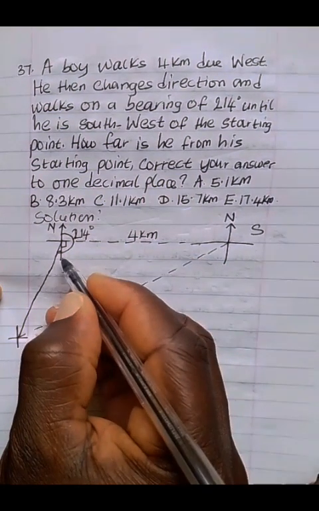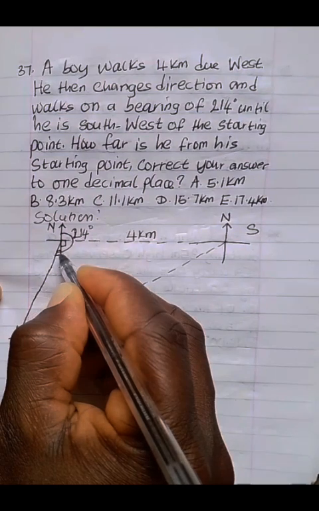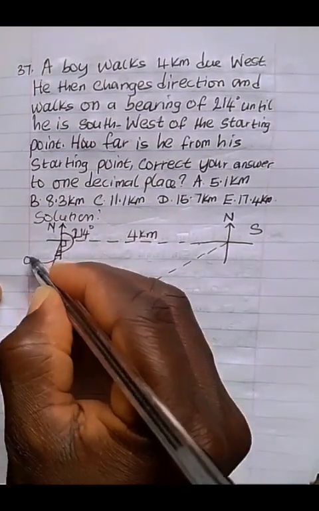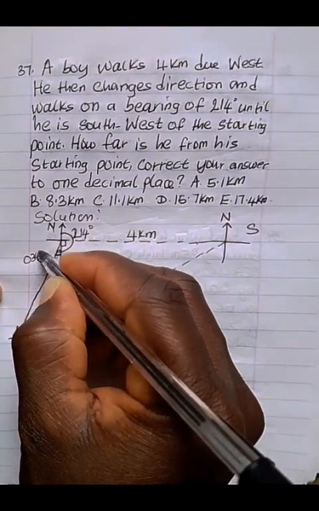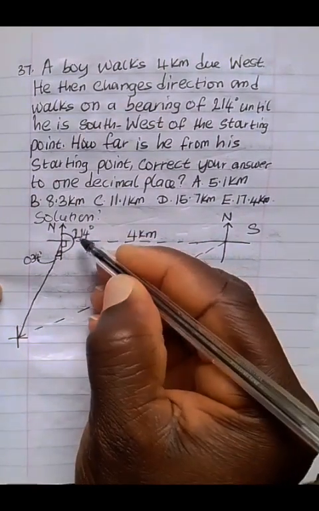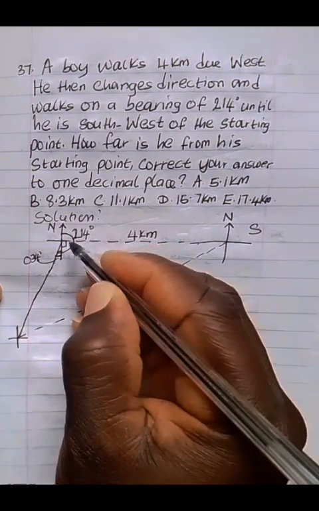214, this other angle here, this small angle here must be 34 degrees. If you add it to 180, you have 214 degrees.